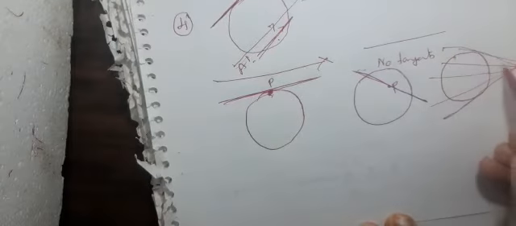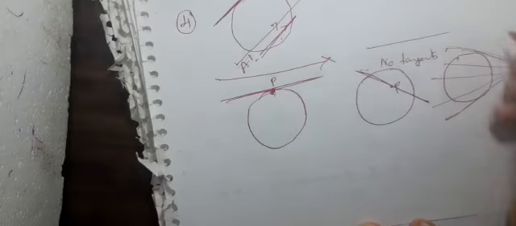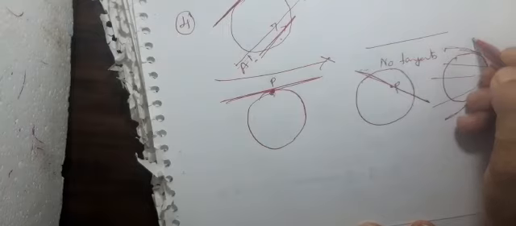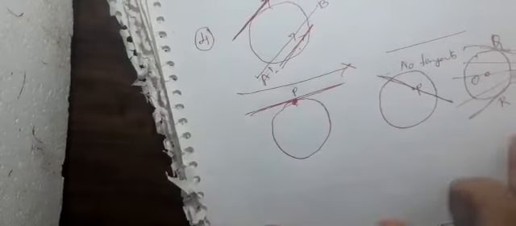You will find two lines to be tangents. They will be tangents, Q and R. So what is the meaning then? A circle will have two tangents from an external point P. So if the point P is outside the circle, it will have two tangents.